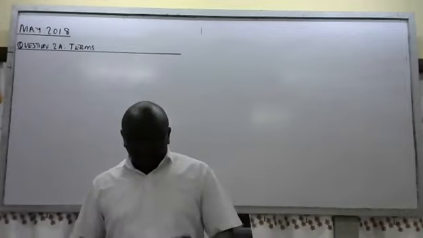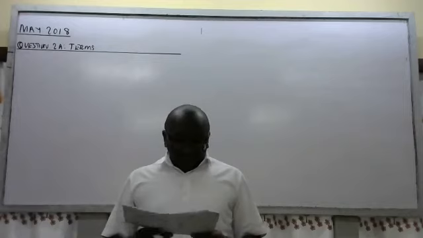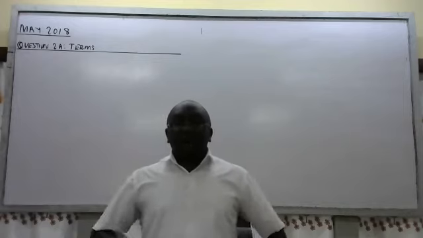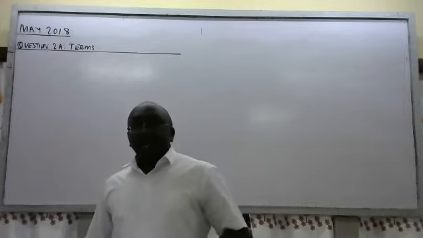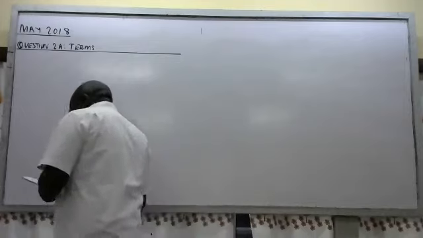Okay, good, June. You are told to explain the following costs as used in decision making. One is avoidable costs.